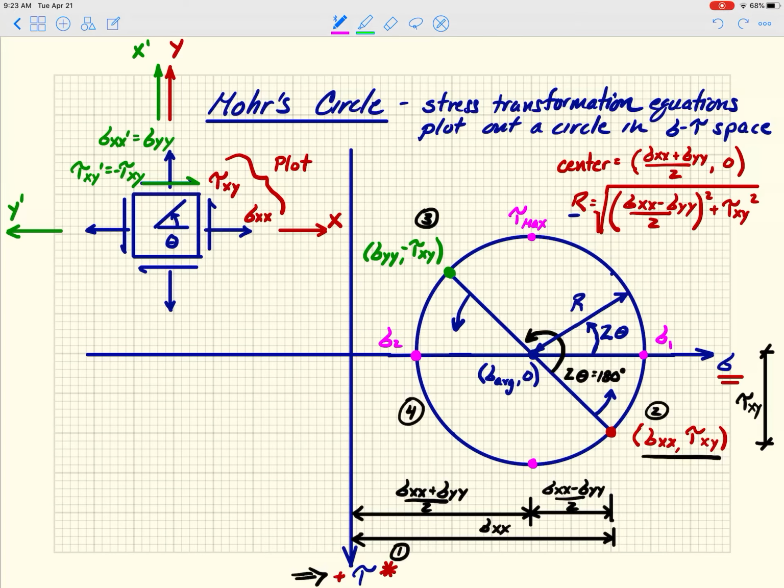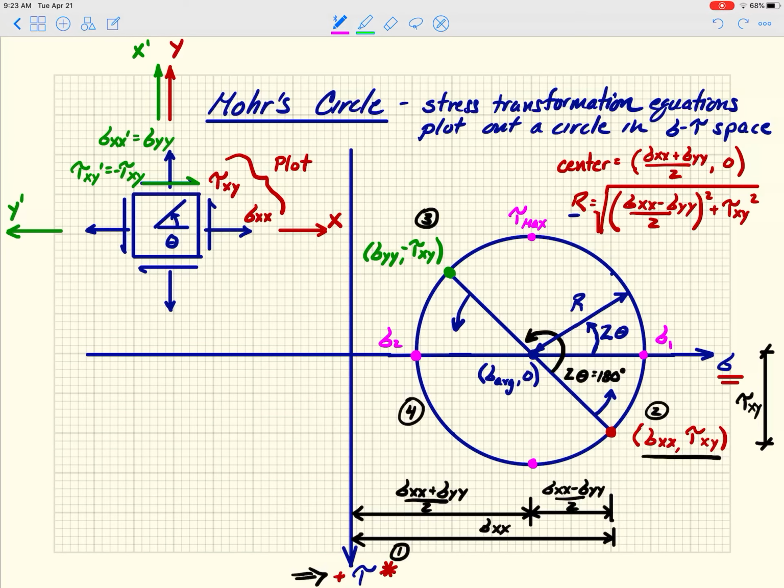That circle has a center at sigma average, or sigma xx plus sigma yy divided by 2, comma 0. So it's always centered on the normal stress axis. And then its radius is a squared plus b squared equals c squared, c being the radius.